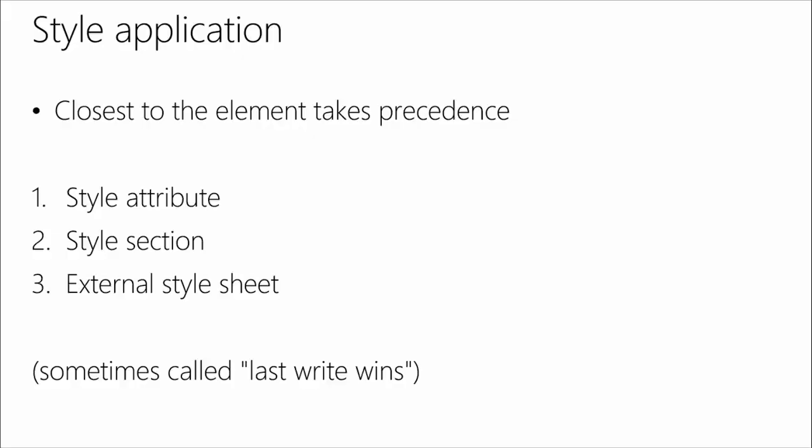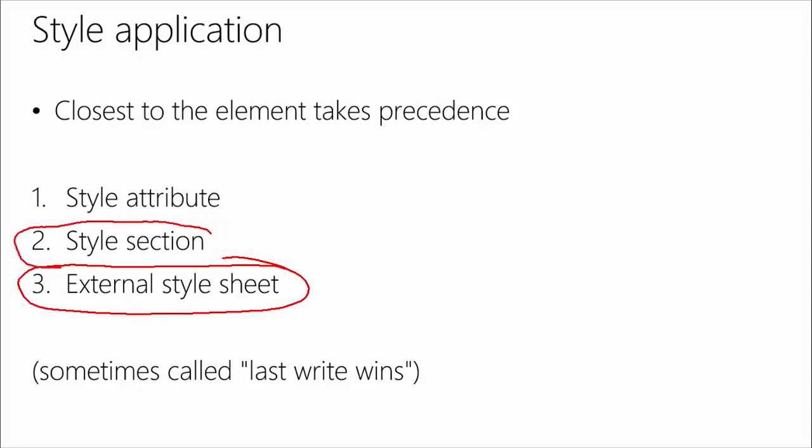So the question then becomes, what about inside of a conflict? Well, step one, last rule wins, and everything is going to be applied in order. The first thing that's going to be applied, and it's reversed on my slide because I was trying to show whatever the most powerful was, is the external style sheet.